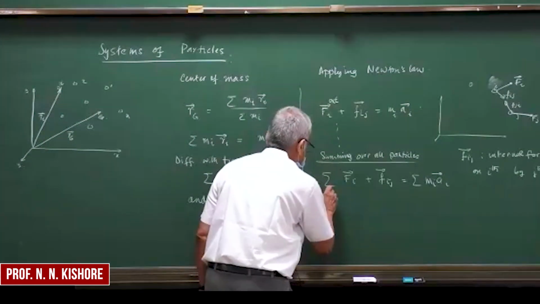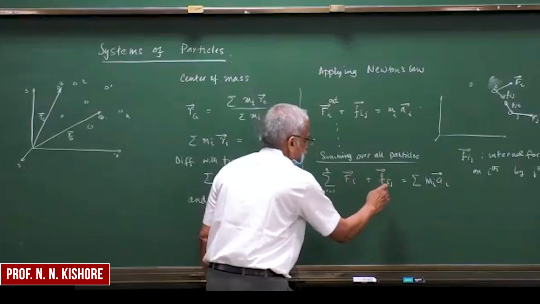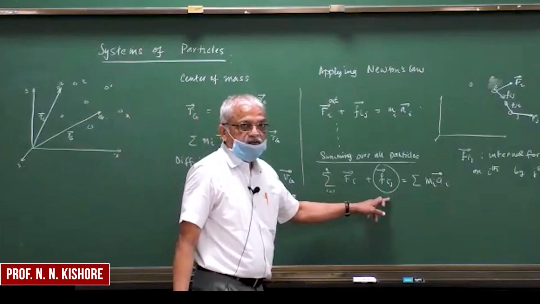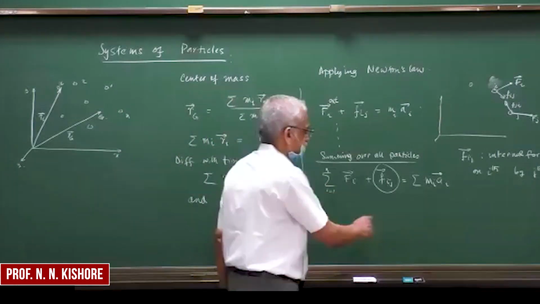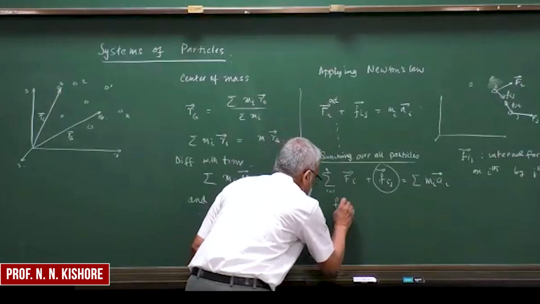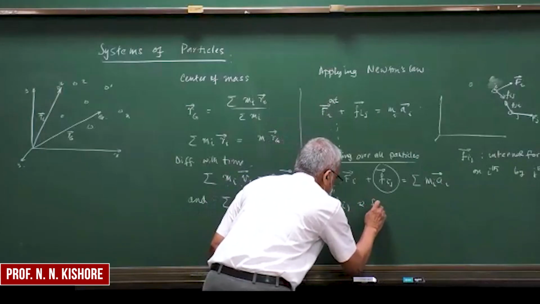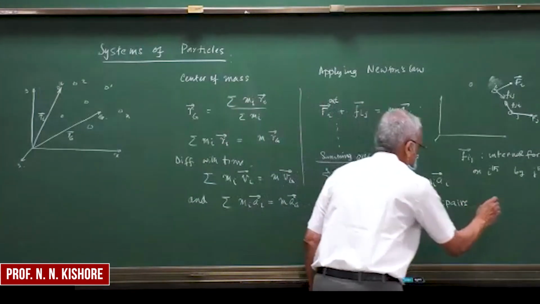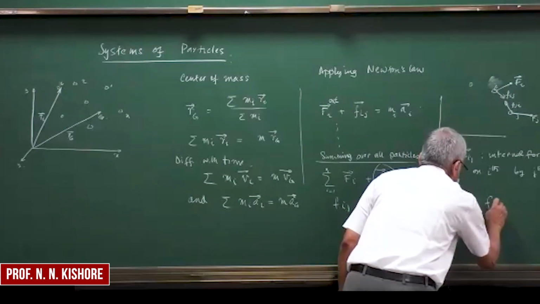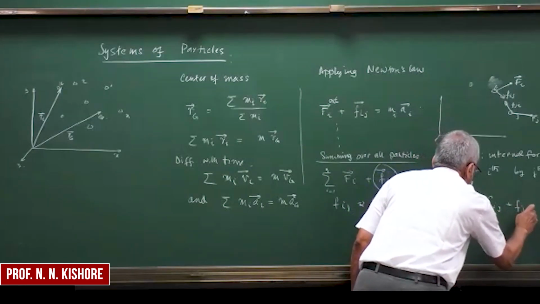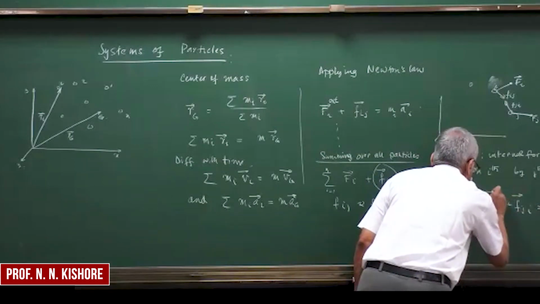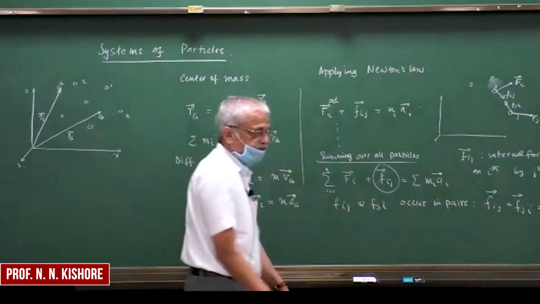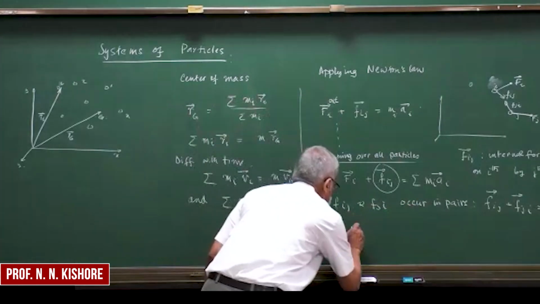But if you look at the Fij here, since these internal forces occur in pairs, Fij and Fji are equal to each other in magnitude and they cancel. So if they occur in pairs and if they cancel, that leaves only the external forces.